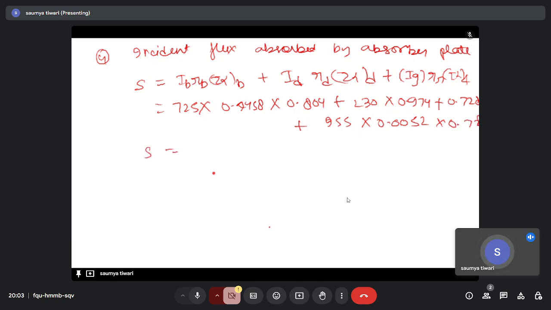We'll solve this and get the value to be 718 watt per meter square. So this is the actual flux that is absorbed by the absorber plate.